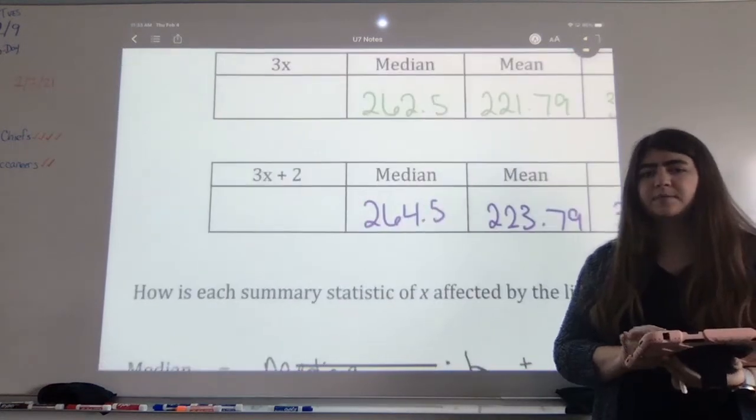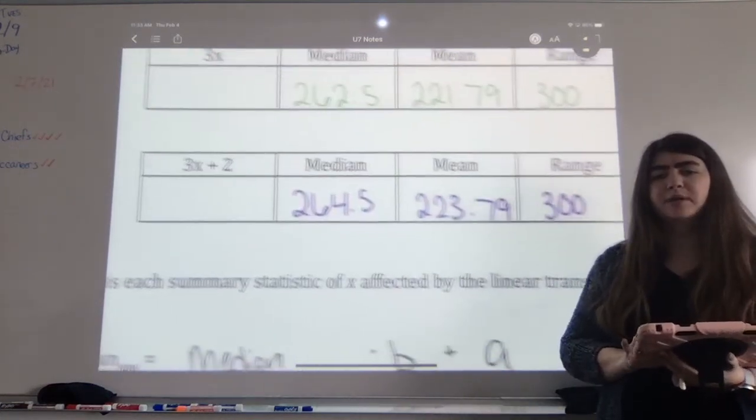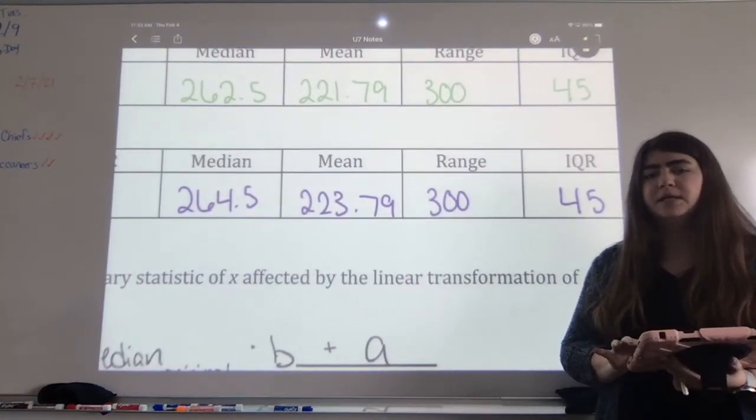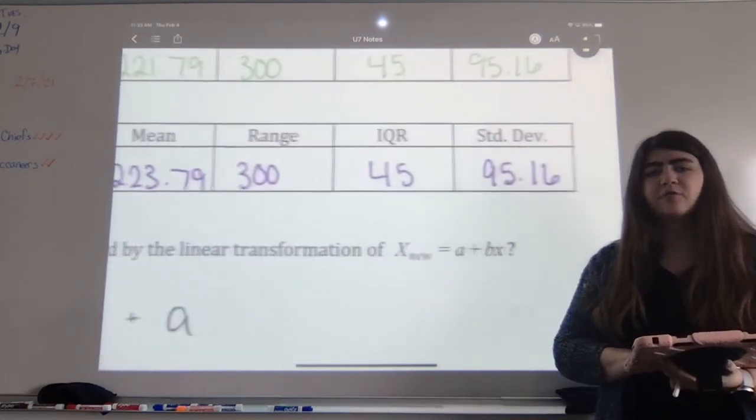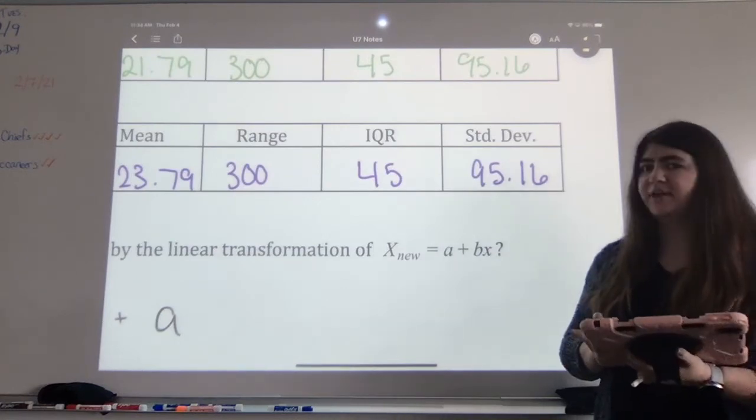For the fourth data set, you should have 264.5 for your median, 223.79 for your mean, 300 for your range, 45 for your IQR, and 95.16 for your standard deviation.